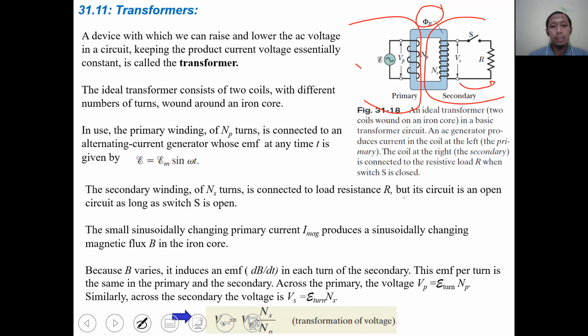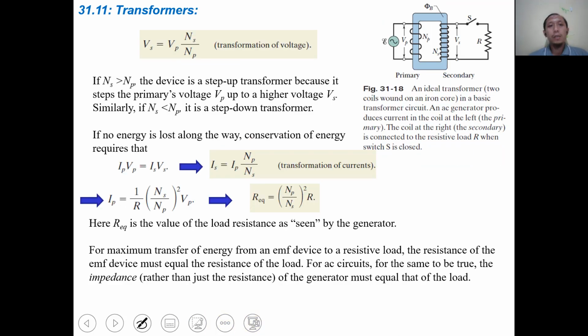We get that Vp per Vs, or the voltage in the primary per the voltage in the secondary, is equal to the primary turns per secondary turns, and it's equal to the current in the secondary per the current in the primary. So this is the transformation of voltage.